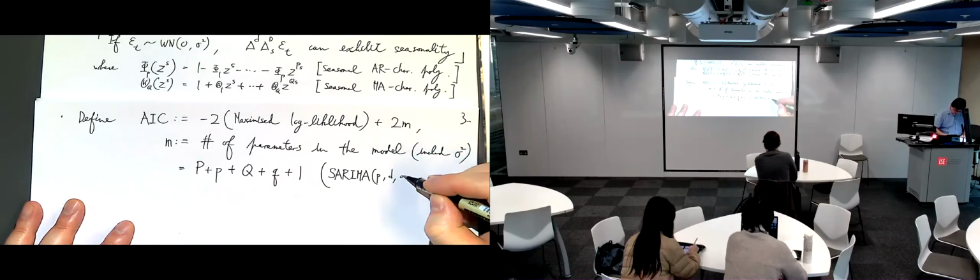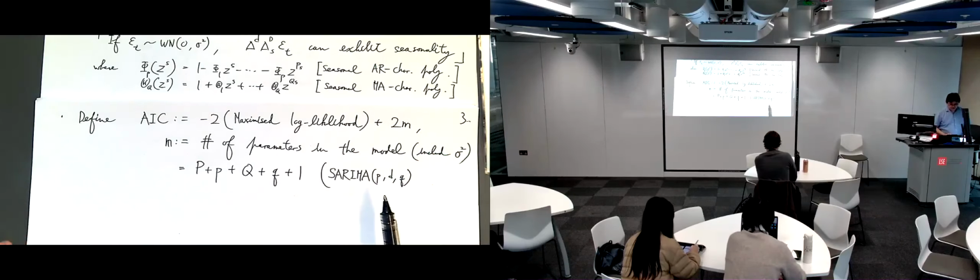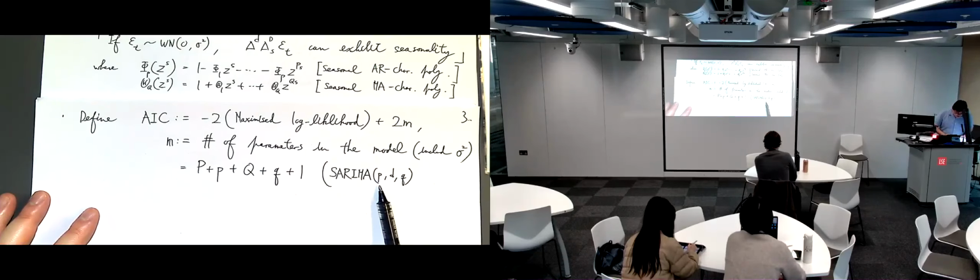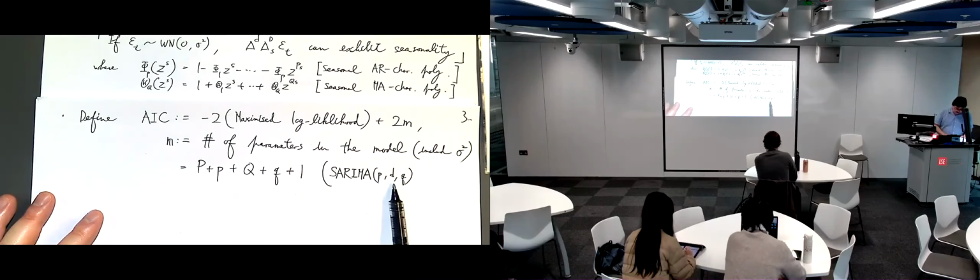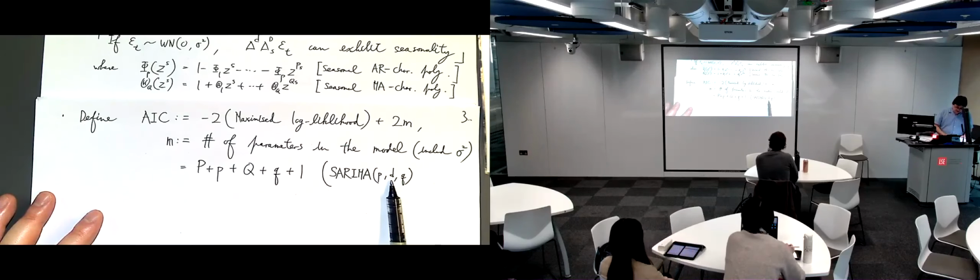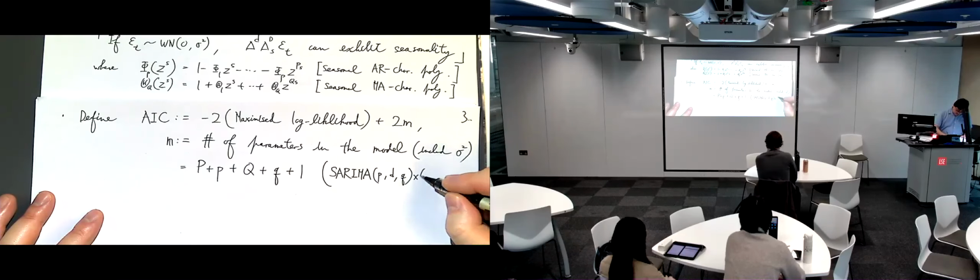For the non-seasonal order, the non-seasonal AR and MA characteristic polynomials have orders p and q respectively. And the number of differences you use is a little d.